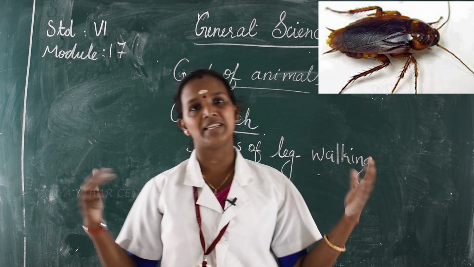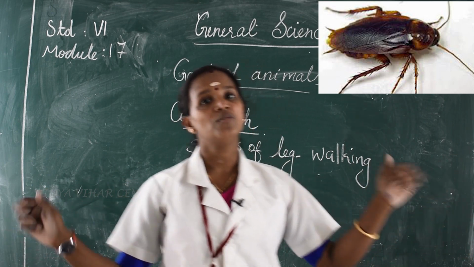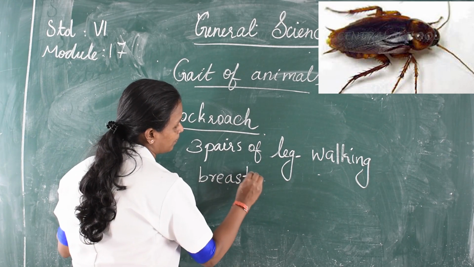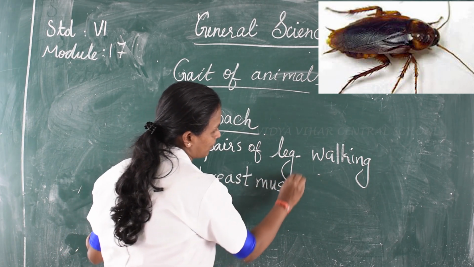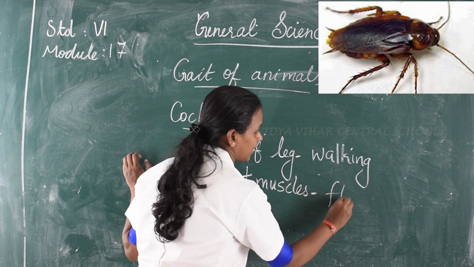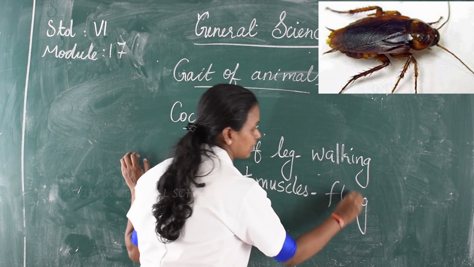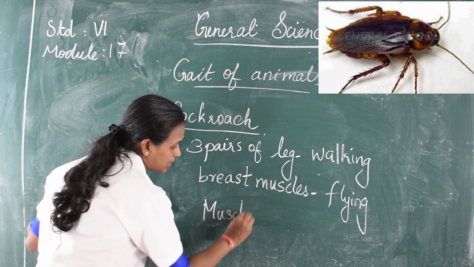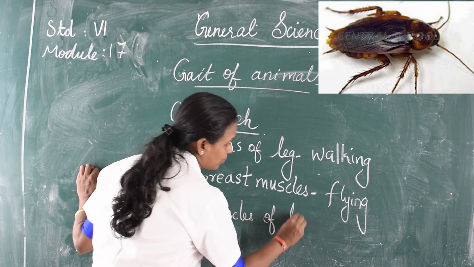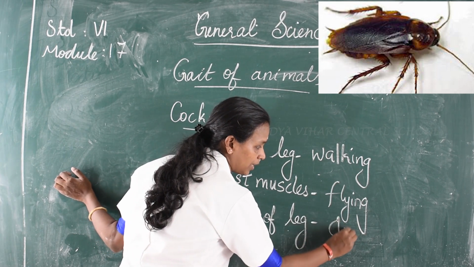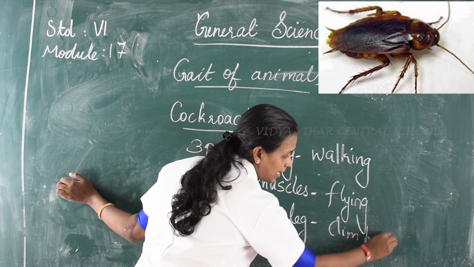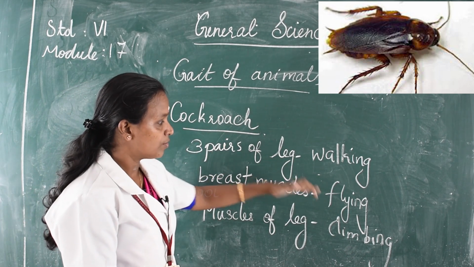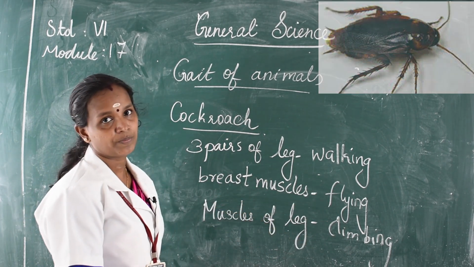The muscles of the breast region help them for flying. Muscles of the leg are for climbing. And these help the cockroach in walking, flying and climbing.